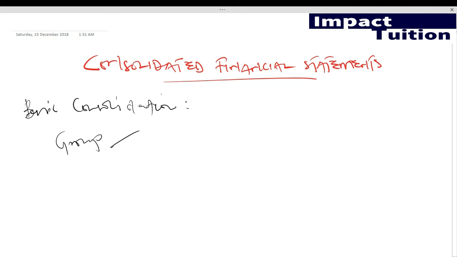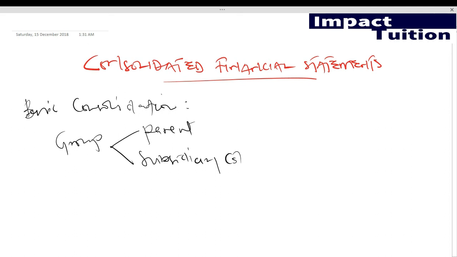So a group is made up of a parent and then a subsidiary or subsidiaries. Now, if a parent has control over a subsidiary, then that parent will prepare consolidated financial statements.